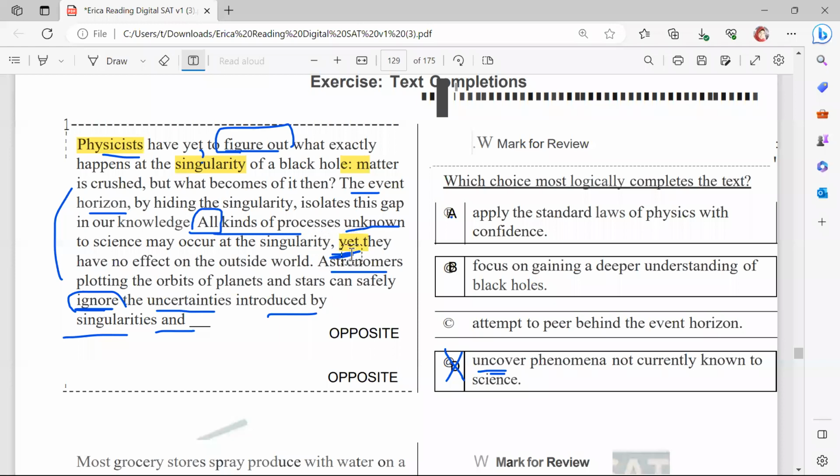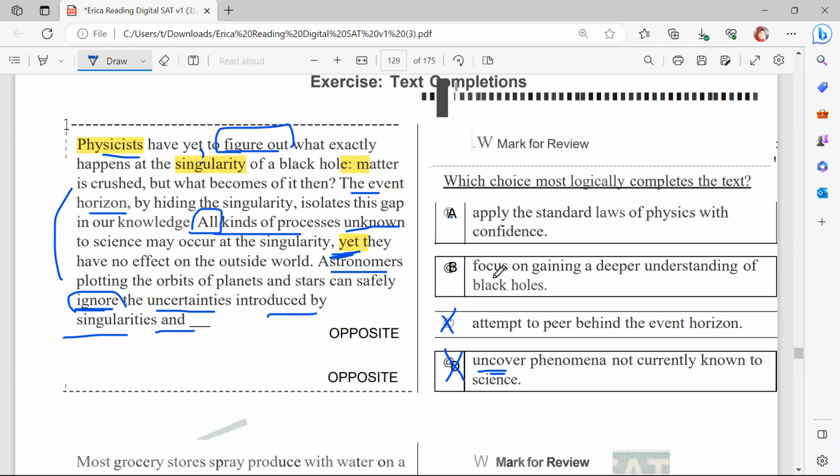You know what? "Yet" is there. So all that is before "yet" belongs to the unknown and the negative thing, and what is after it is considered to be positive. Is it clear? Got it? So attempt to peer behind the event horizon is not the right answer. That's why I'm going to eliminate it.